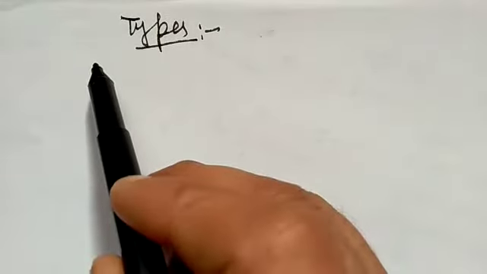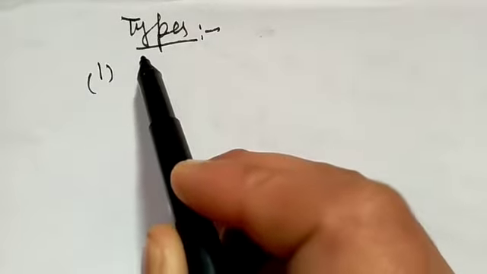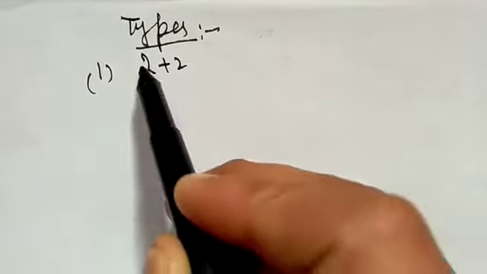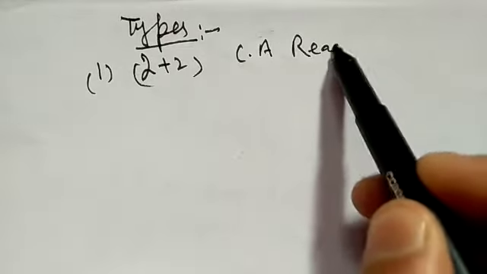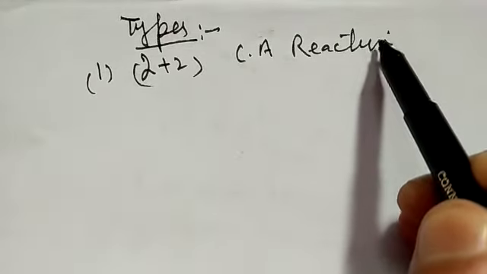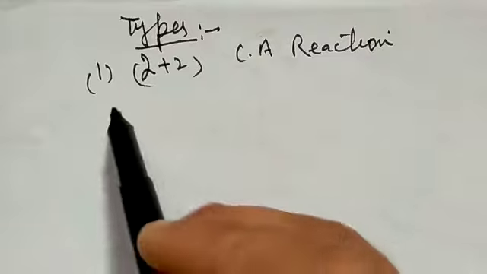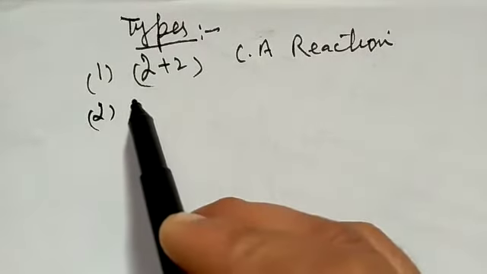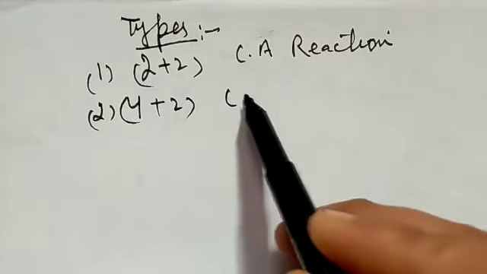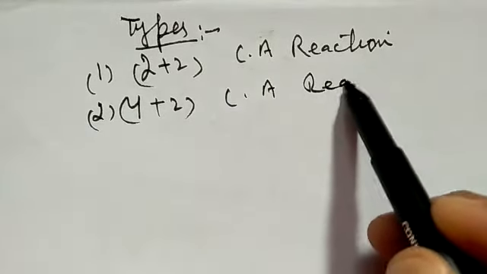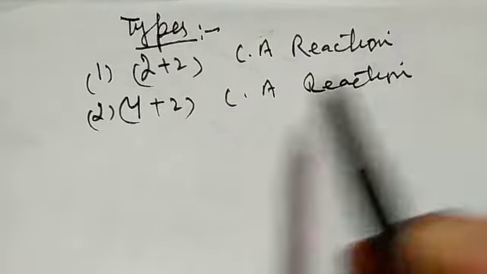Cycloaddition reactions are of 5 types. First type is 2 plus 2 cycloaddition reactions. Second type is 4 plus 2 cycloaddition reaction.